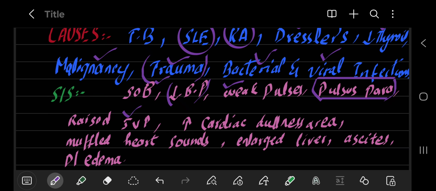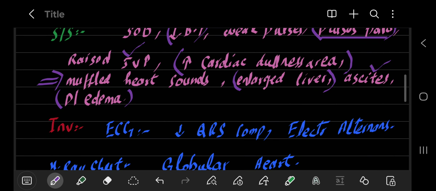There is rise in the JVP, and the area of the cardiac dullness on percussion is increased. Furthermore, there may be muffled heart sounds on auscultation, and due to right heart failure there is enlarged tender liver, ascites, and peripheral edema, especially pedal edema and sacral edema.